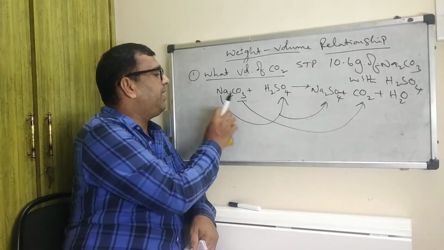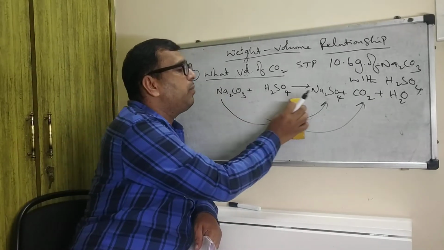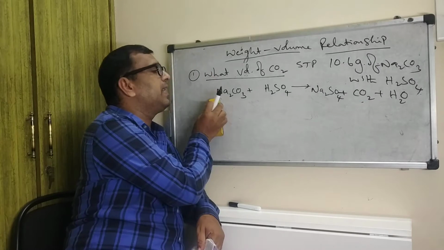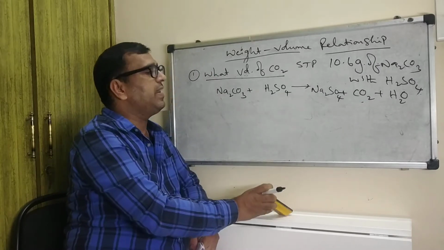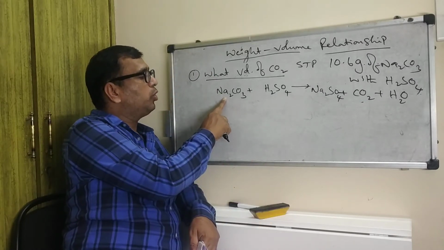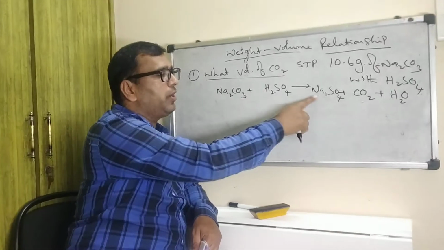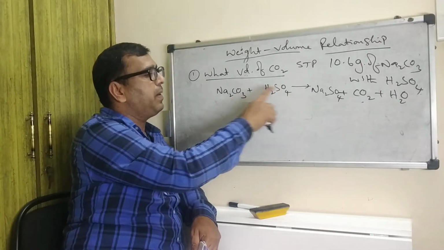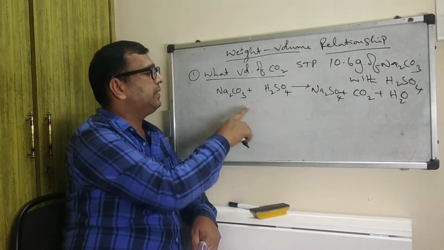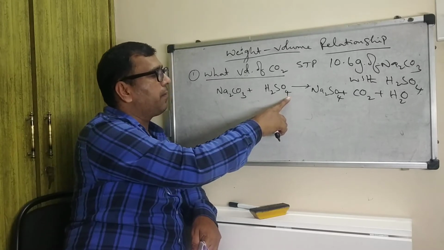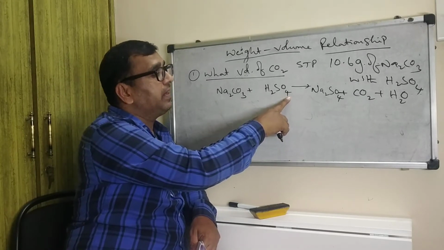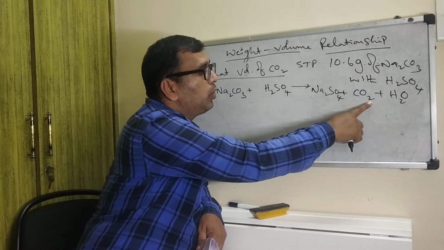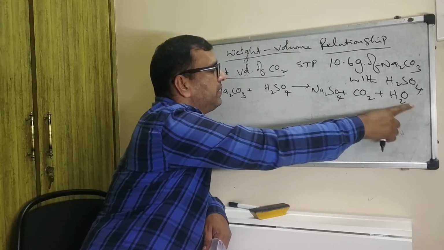Now after writing, very important, you have to balance the chemical equation. Here 2 sodium, then 2 sodium, balanced. 1 carbon, balanced. Then 3 plus 4, 7 oxygen; 4 plus 2, 6 plus 1, 7 oxygen.